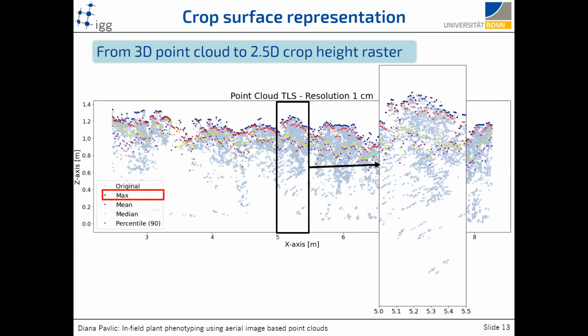First, we can notice, and then we should think about, okay, if we want to build some height raster, which cell value should represent this crop height? Is it maximum, mean, median, or should we use some percentiles? And we conclude that the maximum value is a good choice if we are sure that our data are without outliers in our measurements.